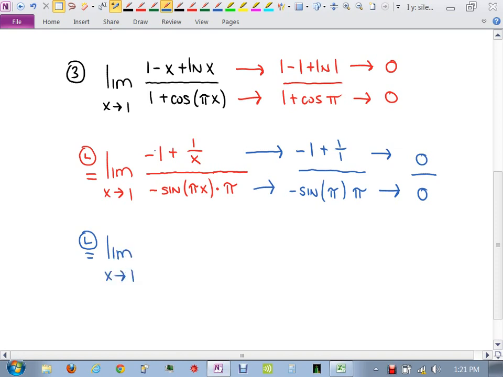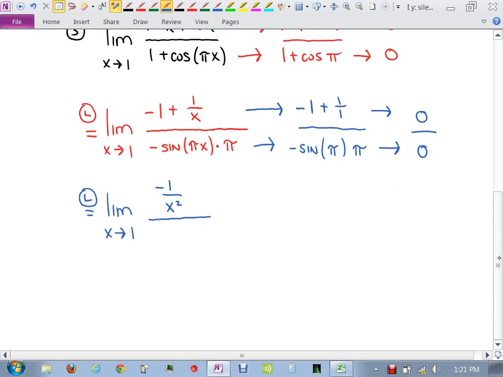All right, so I'm taking derivative of this red part here. Derivative of negative 1 is 0. Derivative of 1 over x is negative 1 over x squared. We've done that so many times now that I told you last class that's one of those ones you should just know. What's the derivative of the bottom there? Let's see. Yeah, look, the pi and the negative is just a number, right?